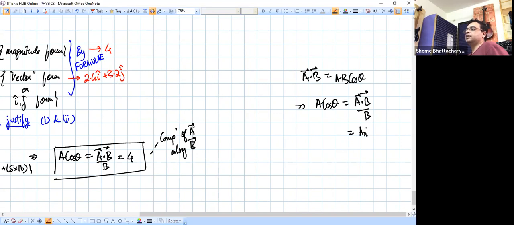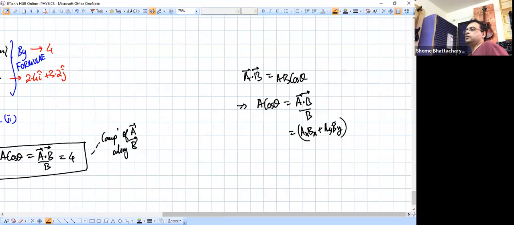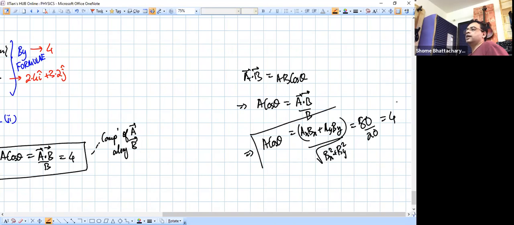It is AxBx plus AyBy, which we calculated here as 80. And what is mod of B? It is root of Bx square plus By square. That was 20. So it's 4. So A cos theta is nothing but 4. यही तो निकालना था सिर्फ.